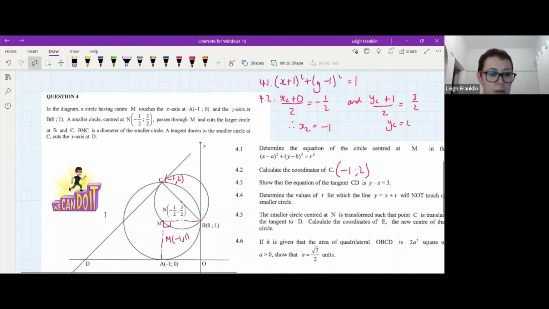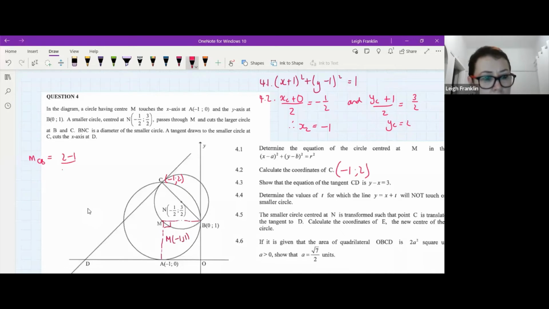All right, so we can work out the gradient of CB. That gives us 2 minus 1 over -1 minus 0. So 2 minus 1 is 1, so that would be -1. Do you guys agree?